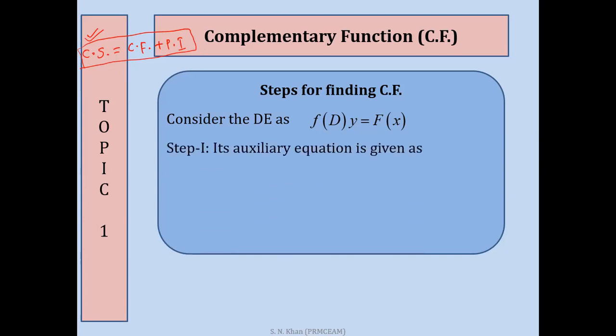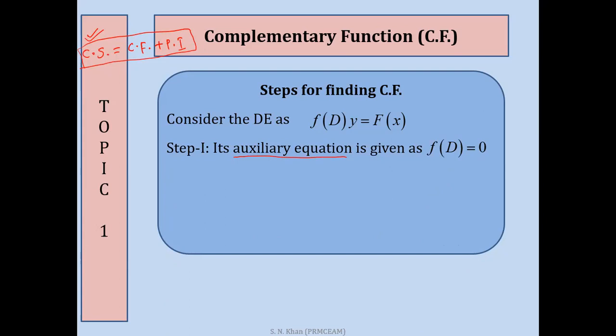So now step number 1, its auxiliary equation is given by f of d equals 0. Now auxiliary means supporting, so auxiliary equation means it is a supporting equation for getting the solution. Okay? So we can call the auxiliary equation a supporting equation also.